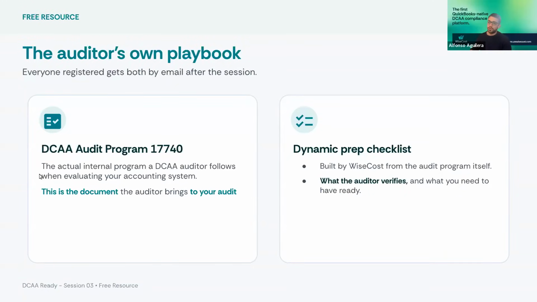We are going to include the DCAA audit program, which is the actual survey that the auditor uses when they do an audit of a government contractor. And we also prepared a dynamic prep checklist, which is really useful. We converted this audit program into a more dynamic checklist, so you can see by yourself if you are prepared.